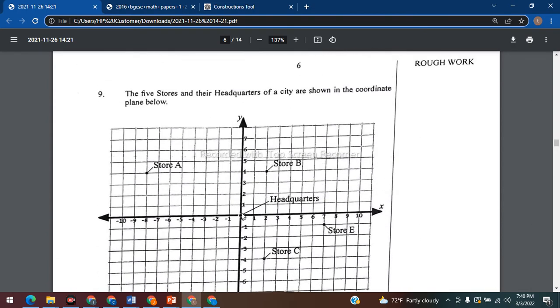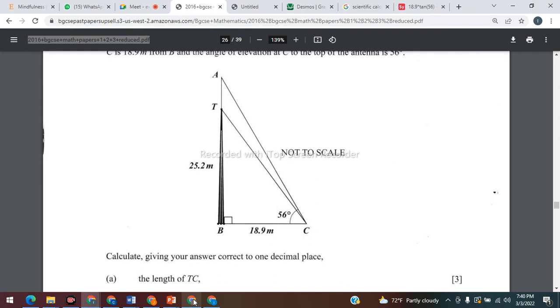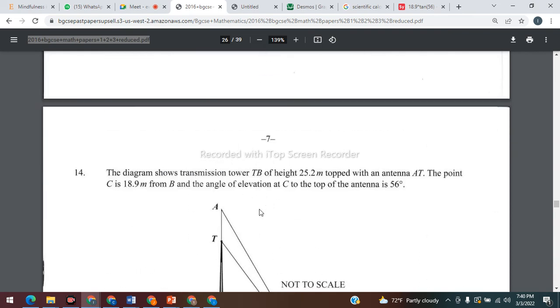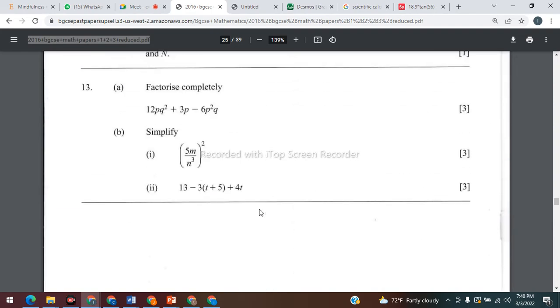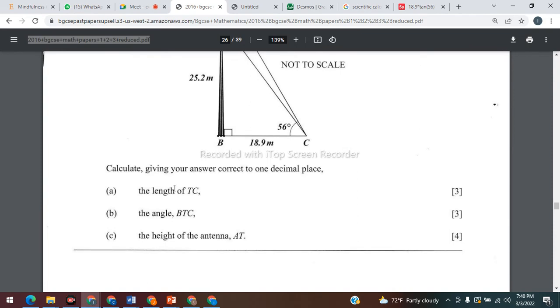Okay, so let's go back to our unfamiliar questions. Is this what we used? Yeah, okay. So we finished the length of TC, the angle BTC, and the height AT.